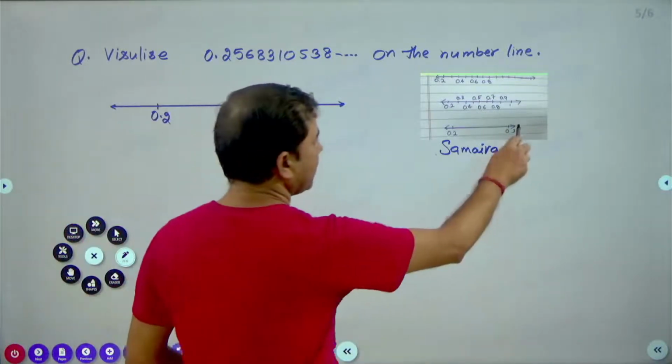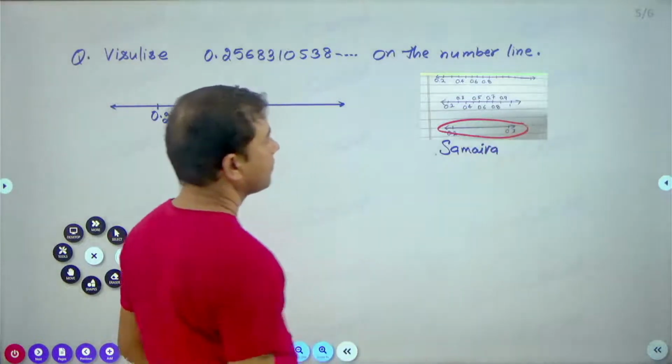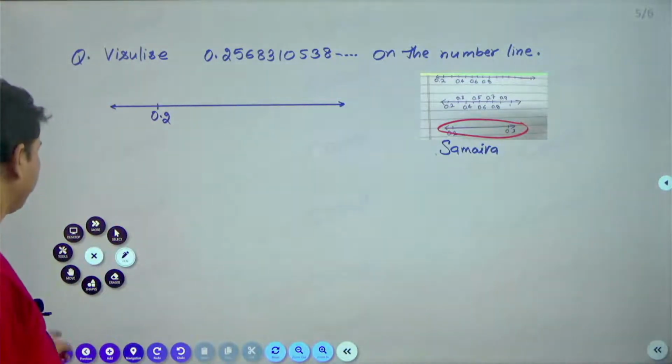You have drawn just the first step here. Just the first step.